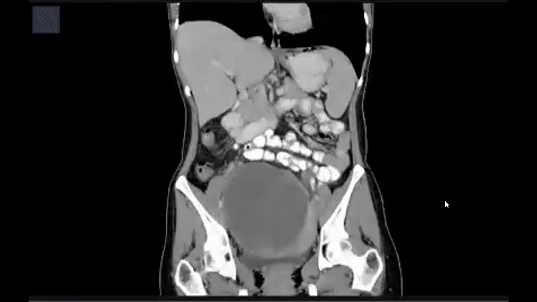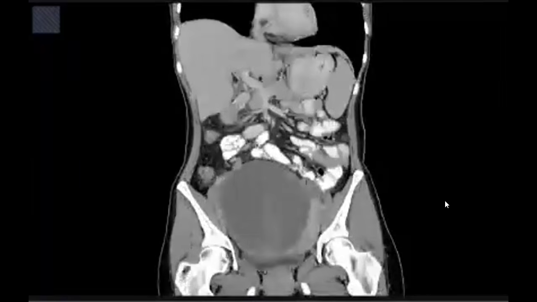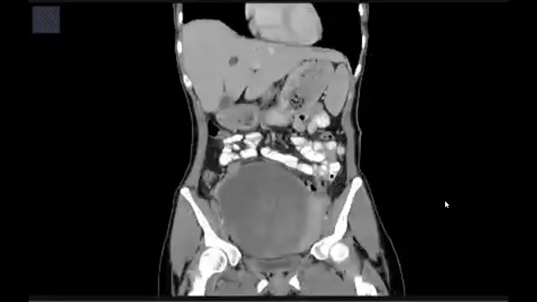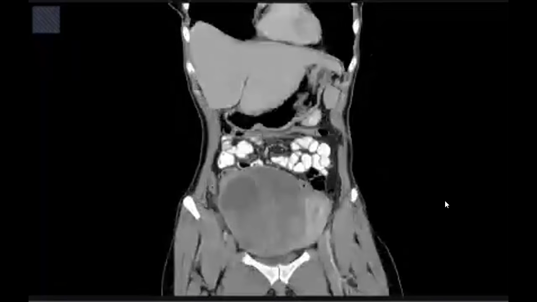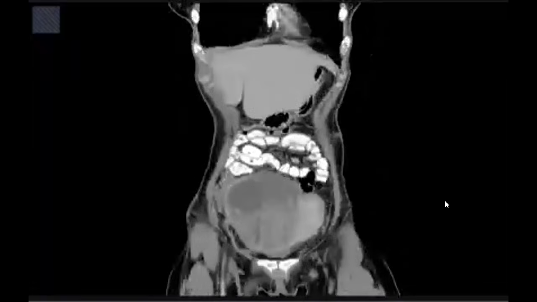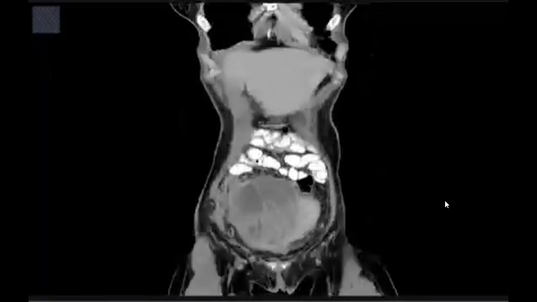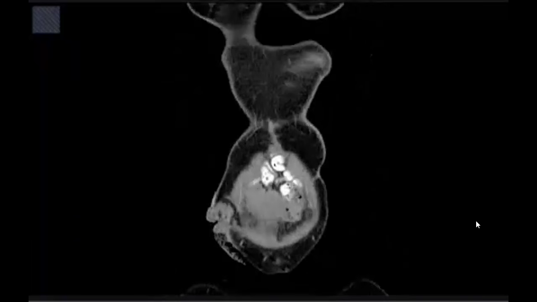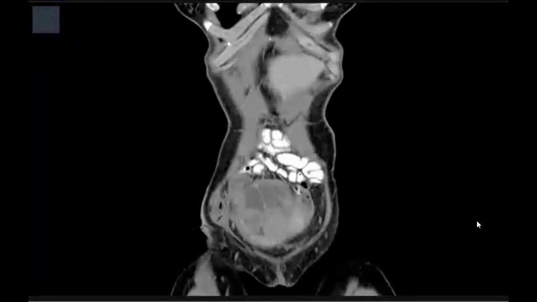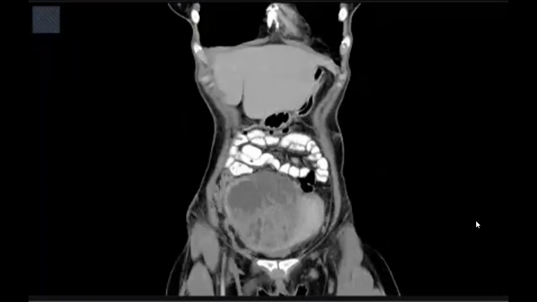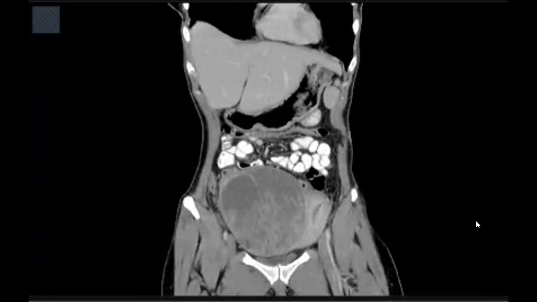I can see a large cystic lesion in the pelvis extending up to the abdomen, causing lateral displacement of the uterus to the left side and also compression of the urinary bladder down in the pelvis.